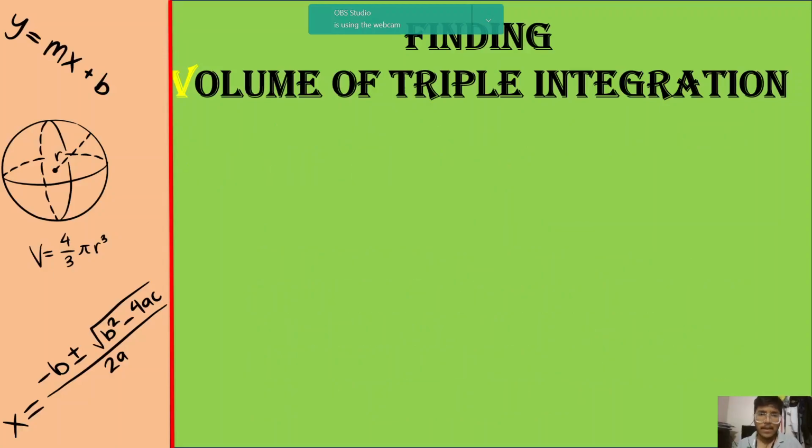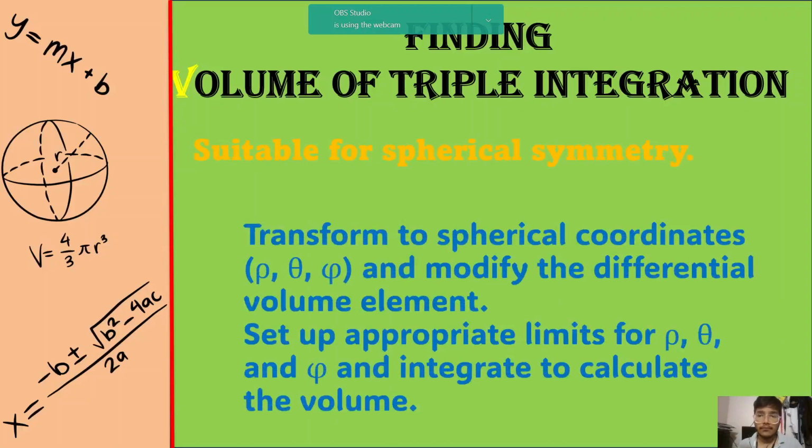Next we have suitable coordinates for spherical symmetry. Here we transform into rho, phi and theta, then modify the differential volume element and calculate the volume step by step.